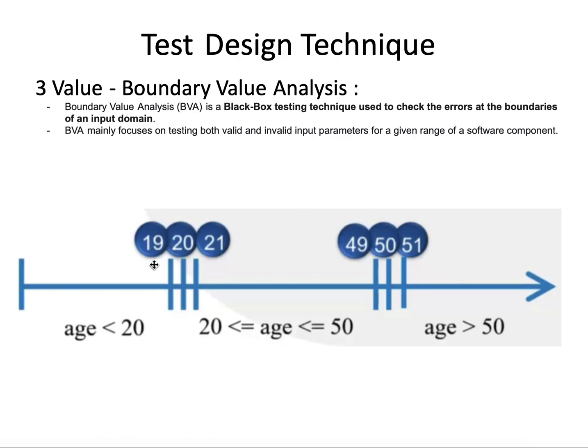So 19, 20, 21, then 50 is the boundary, then 49, 50, 51. If a is equal to 20 and b is equal to 50, for this boundary I need to check a plus minus 1, and for this we need to check b plus minus 1. So a total of 3 values for each boundary. Now a total of 6 test data will be there.